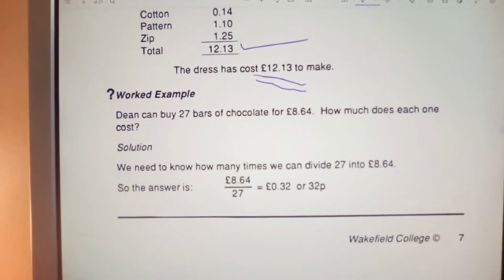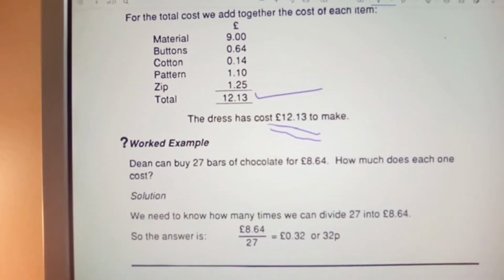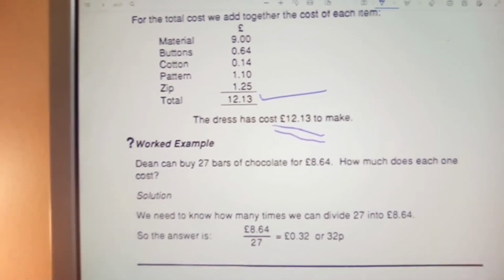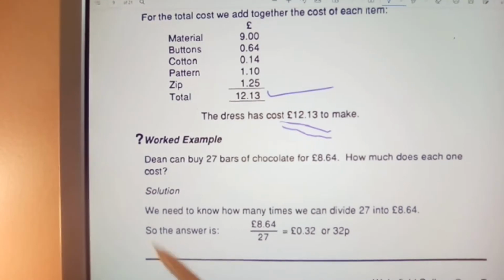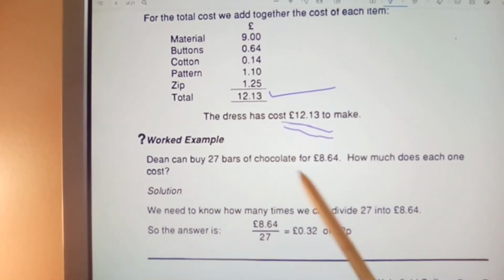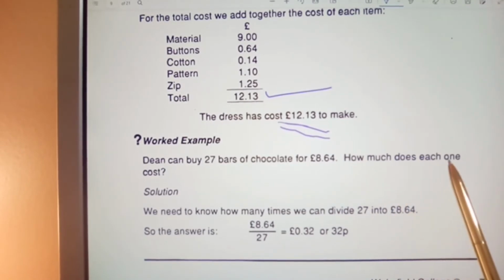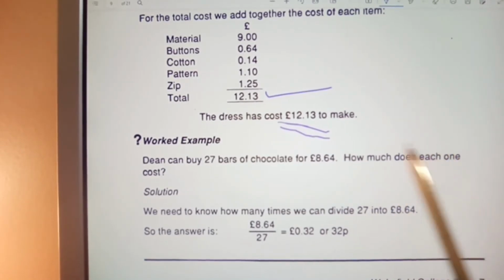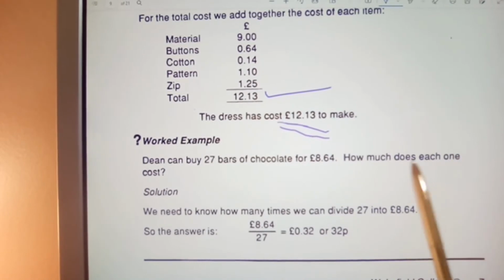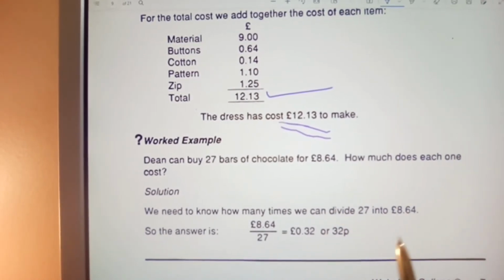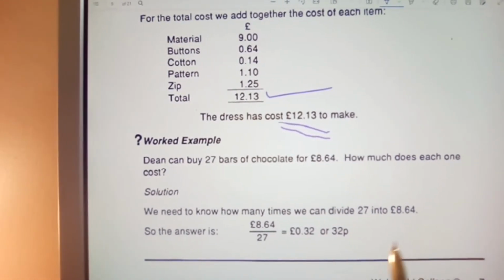Okay, and we're going to deal with that first. Here we have Dean bought 27 bars of chocolate for £8.64. How much does each bar cost? How much does each one cost, if you prefer?